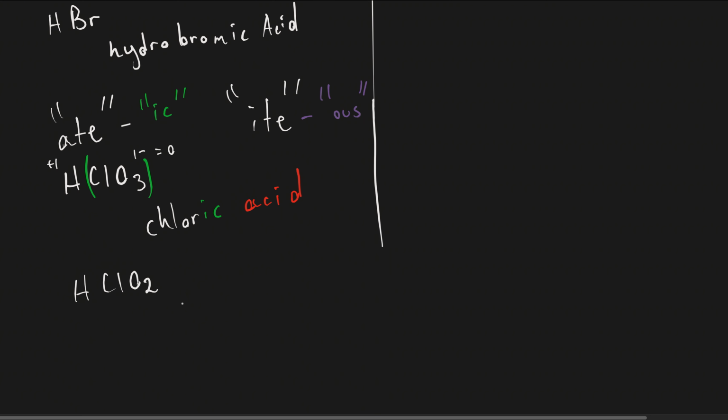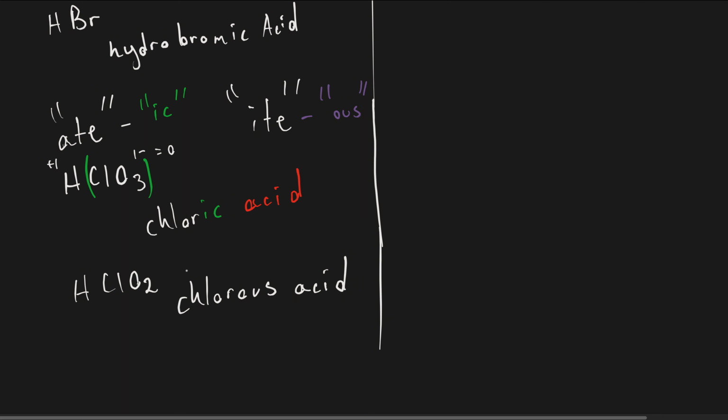Now we still have the base form. Remember, we don't use hydro when talking about polyatomic anions in conjunction with acids. So we use chlor, the base form, and instead of ite, which would be chlorite, we would use ous. In this case, this would be known as chlorous acid.